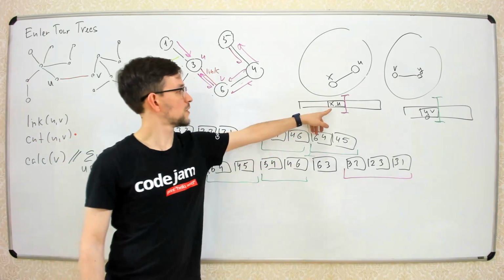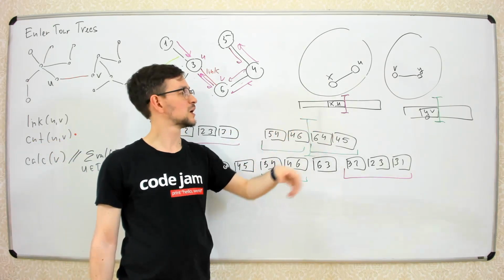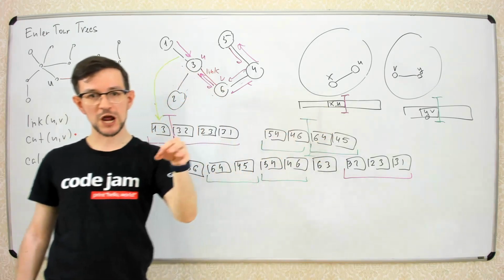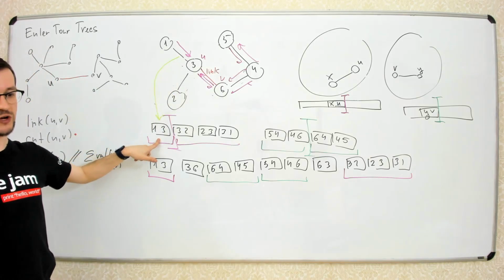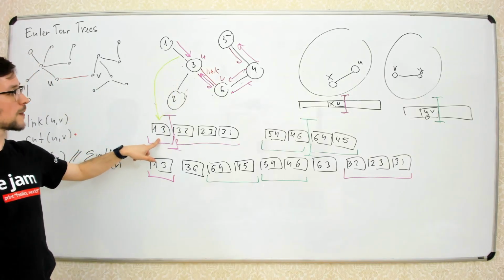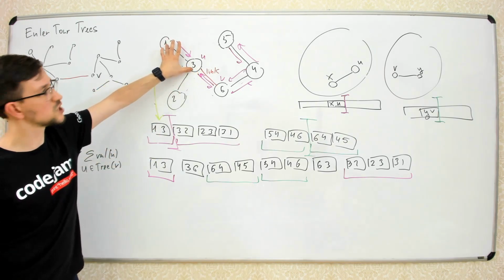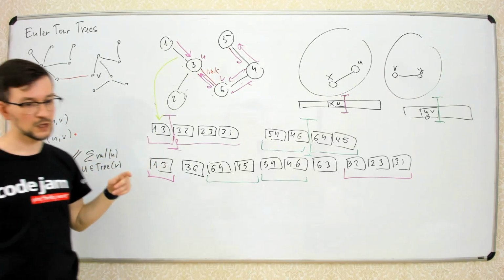So you take the first edge from this list. For each edge, you know the pointer to the node in the Splay tree corresponding to this edge. And now for node u, you take this edge, you take this node, and you split after this node.